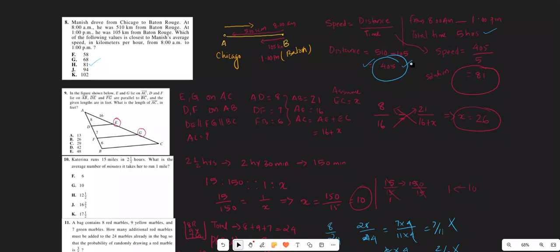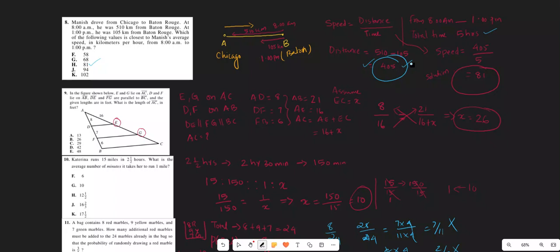Next is a geometry question. The content is similarity. We have a triangle given and it is divided using 2 parallel lines, DE and FG. So the question is this: in the given figure, E and G lie on AC.